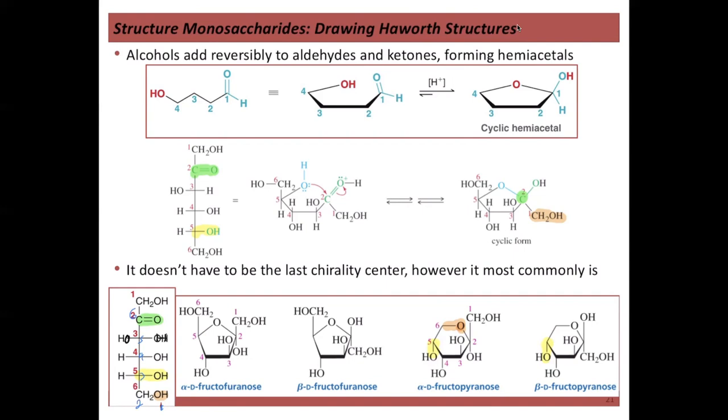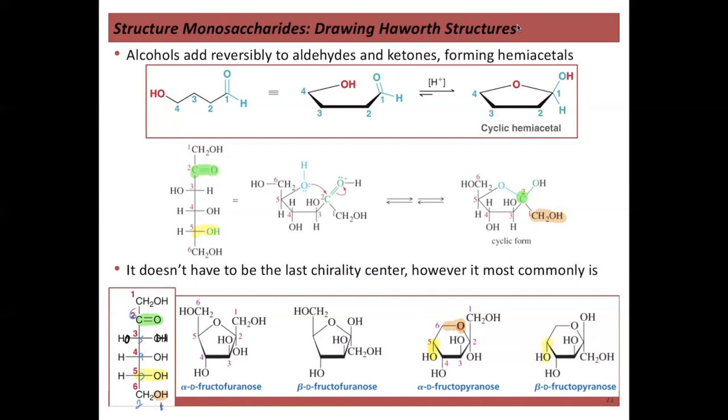So in this case, to figure out if it's a D or L sugar, I can't just look at this position here, or here, or here, because again, like I mentioned previously, if that CH2OH is sticking up, it's a D sugar. In these keto sugars, what's interesting is we're not closing with the stereocenter, we're closing with the last OH.